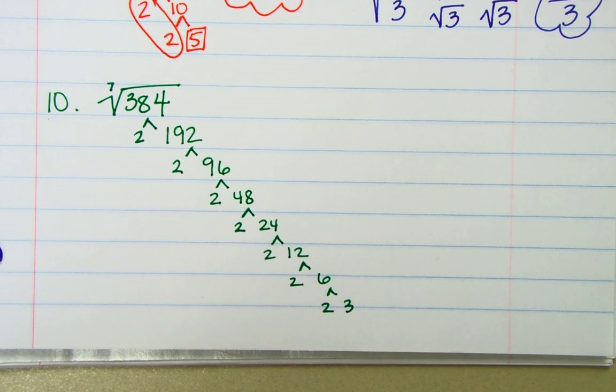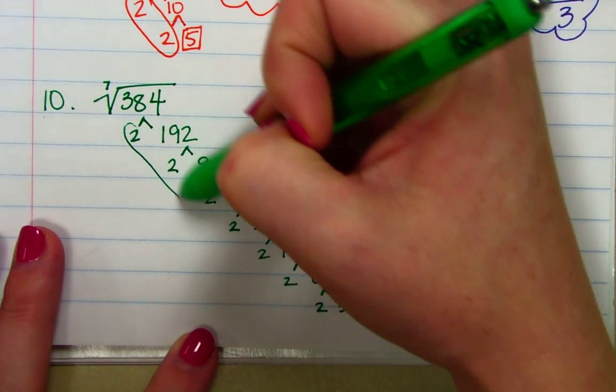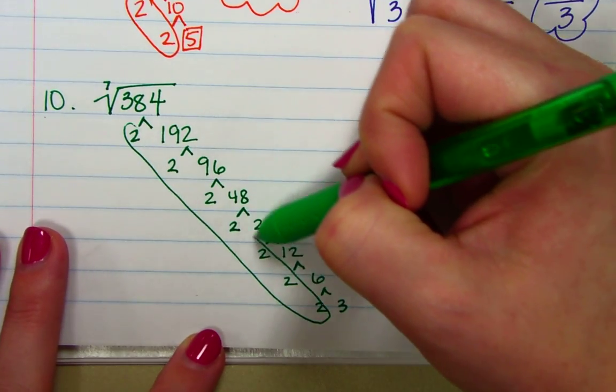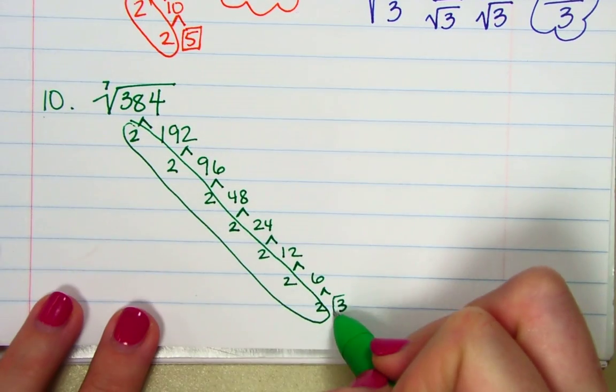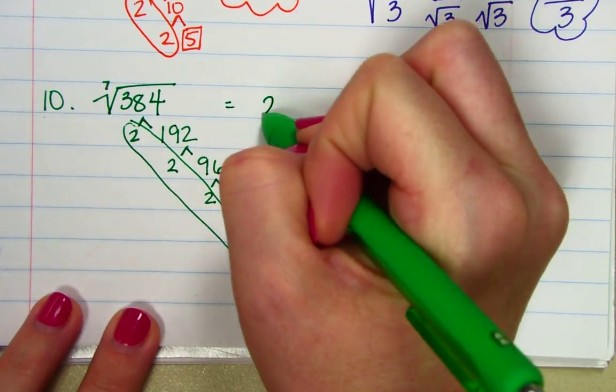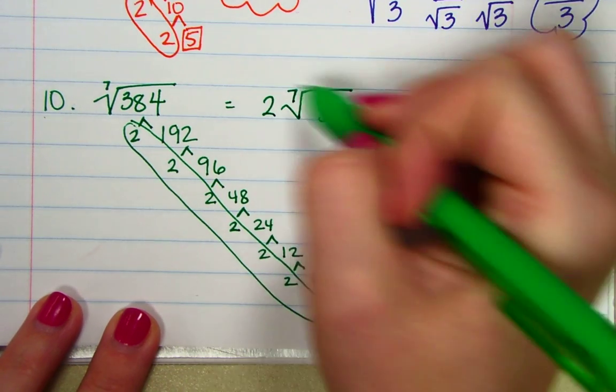Now everything on the ends of our branches is prime. How many do we need? 7, right? How many do we have? 7. Okay, 7. What goes inside? 2. The 3 is left over. So it's 2, 7th root of 3.